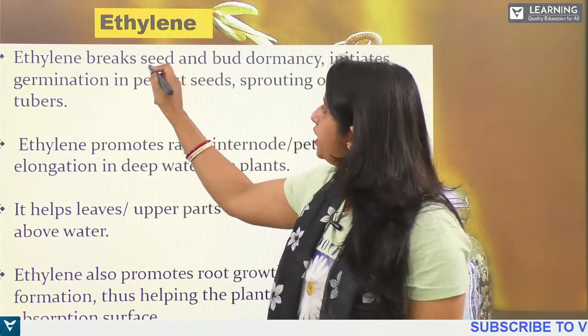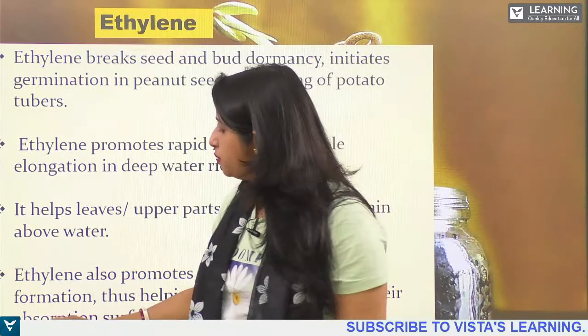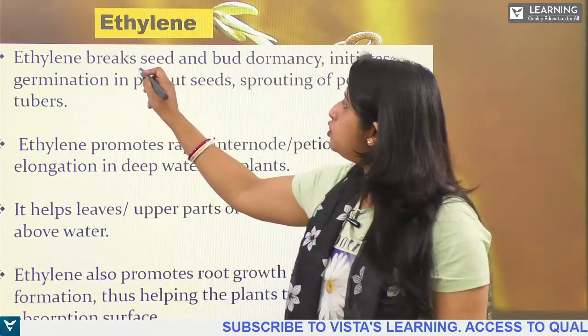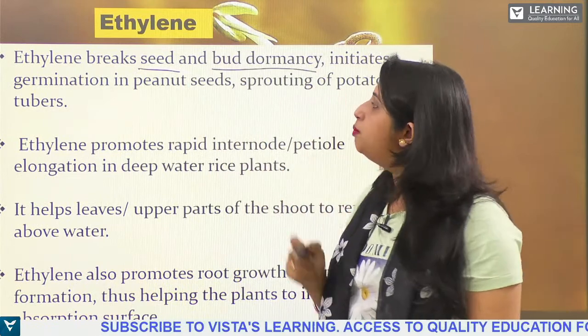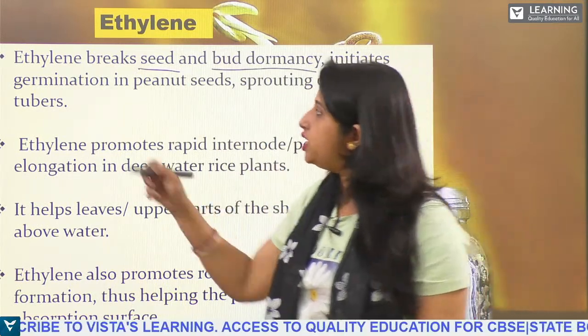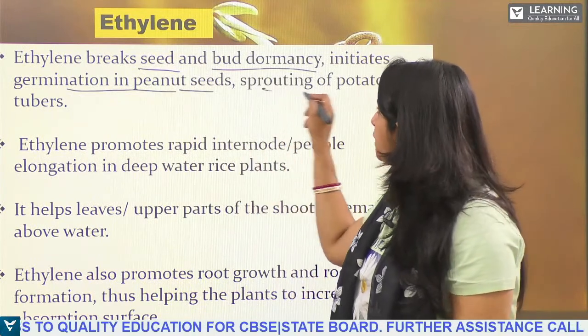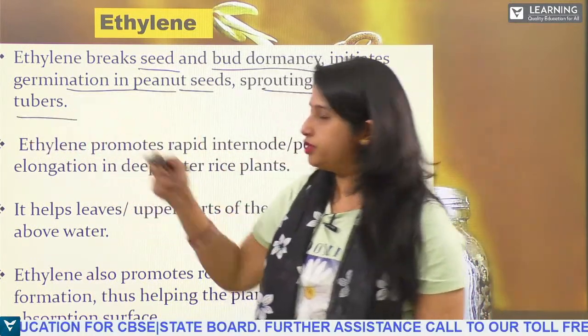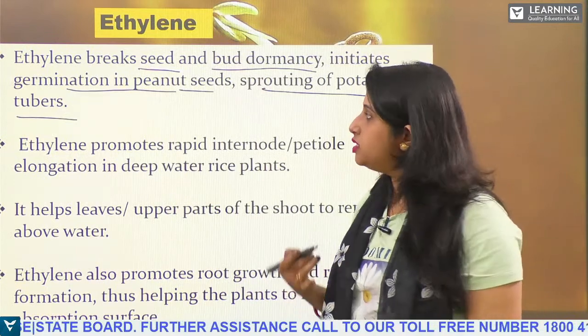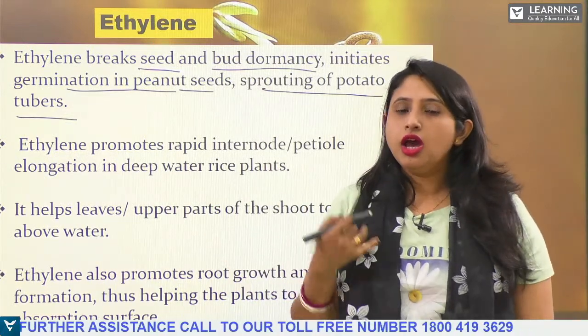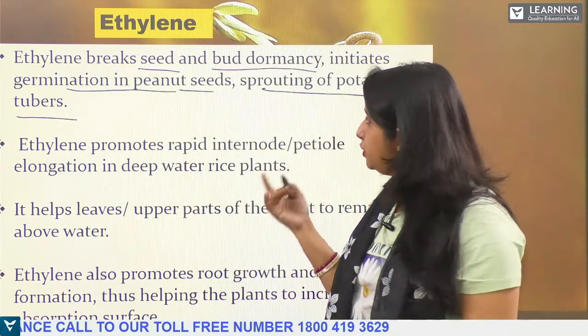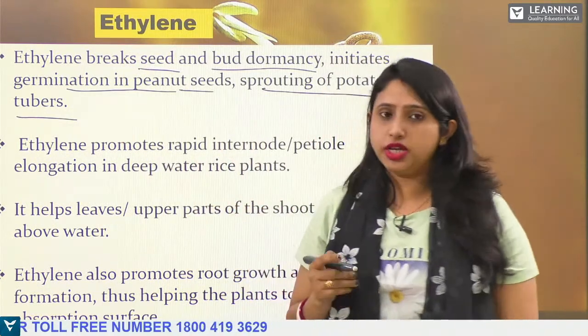Okay, next, let us see some more functions of ethylene. It breaks seed and bud dormancy, and initiates germination in peanut seeds and sprouting of potato tubers.